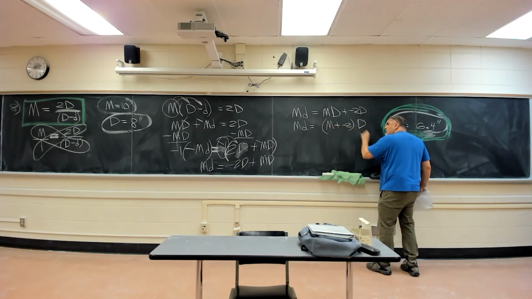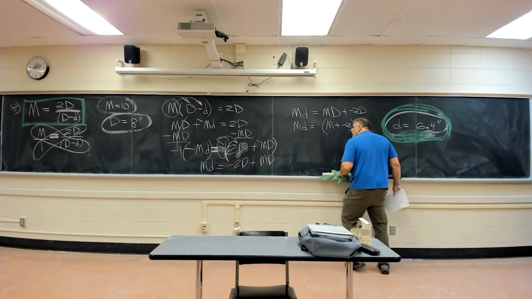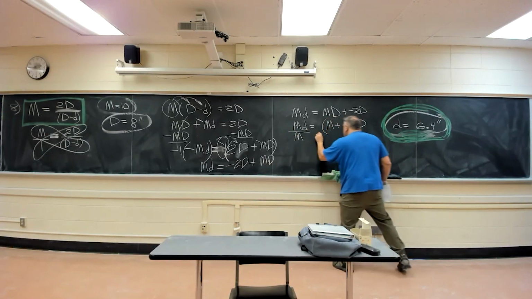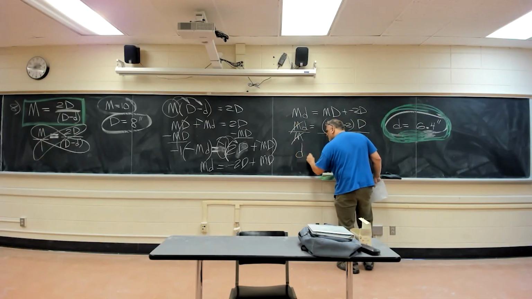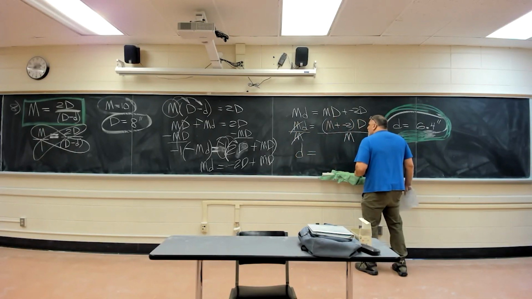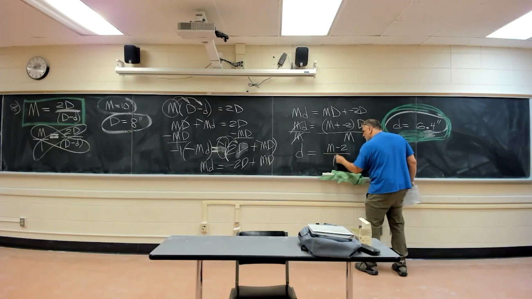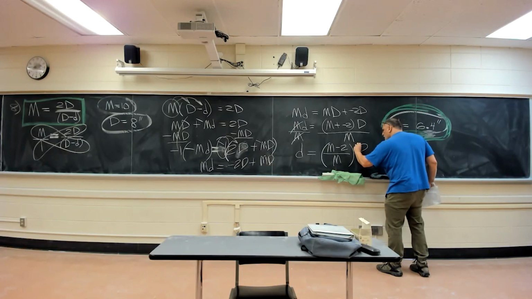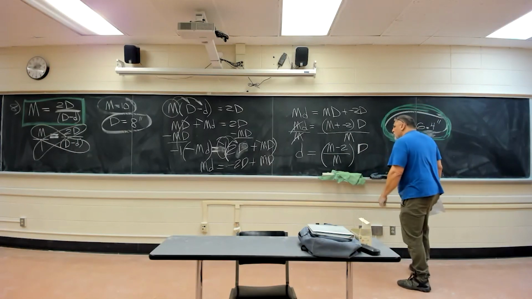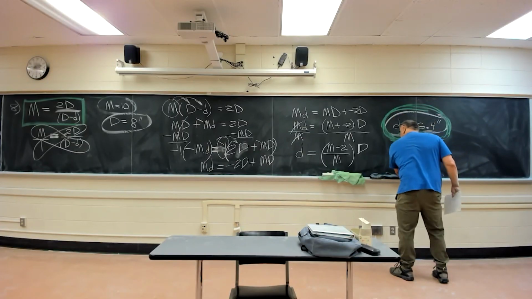Here's a big D. Let's divide by big M. And yeah, m plus -2, or m minus 2, not a big deal. Yeah, there's the end of it.